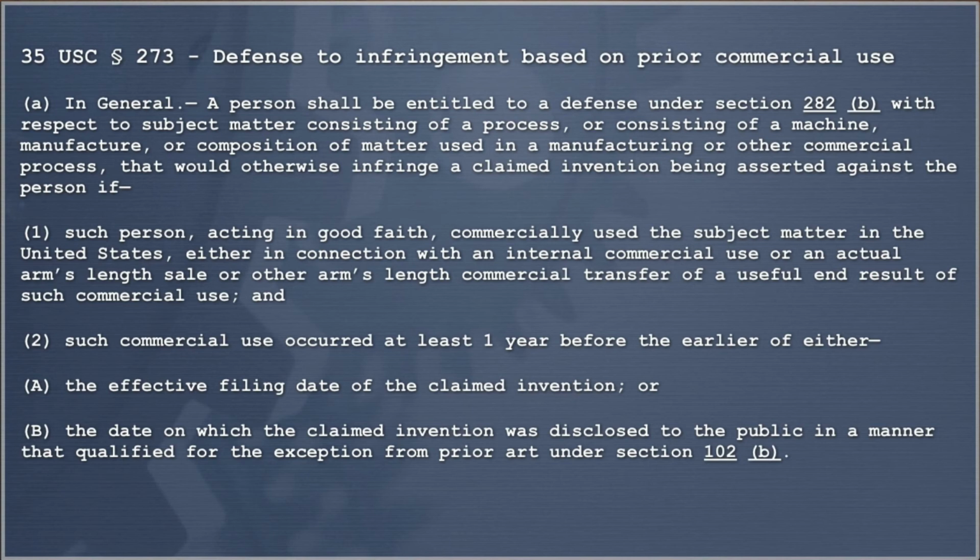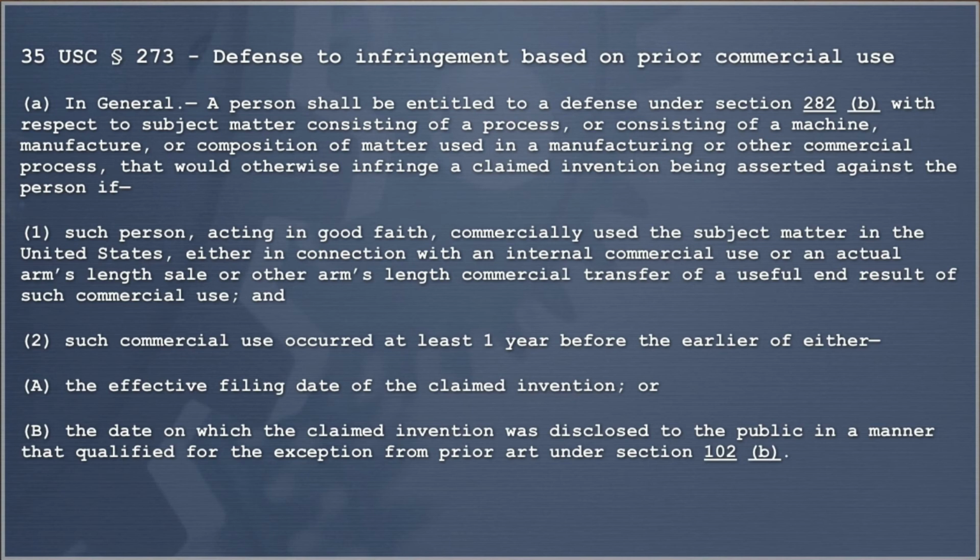The new one that we're going to study here today in 273 was introduced in the America Invents Act of 2011 and broadens the scope to all types of patents, although as you can see, the types of activities are somewhat limited, right? So the statutory language for the prior user defense is found in 273.